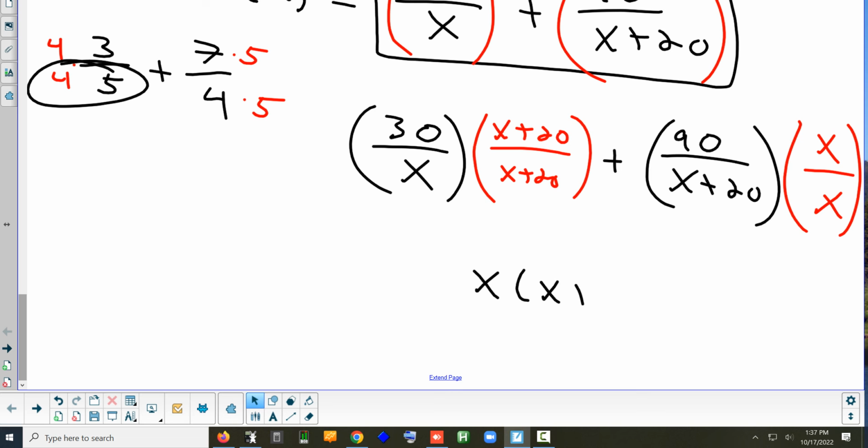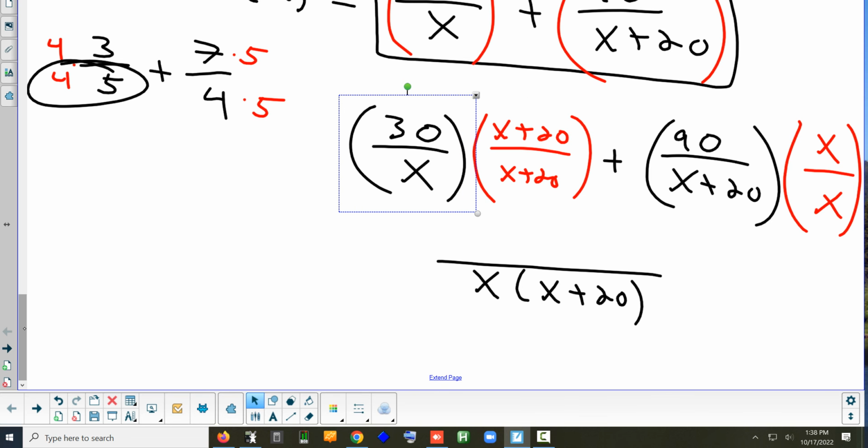We could distribute it, or we can just leave it. Okay. What about these first two fractions? What do we get? We did the bottom, x times x plus 20. What do I have to do in the top? Yeah, I have to distribute.